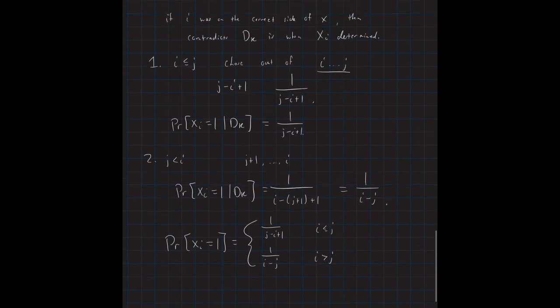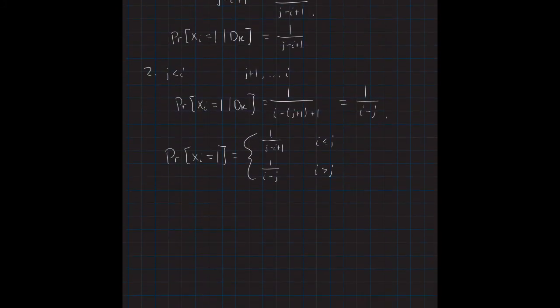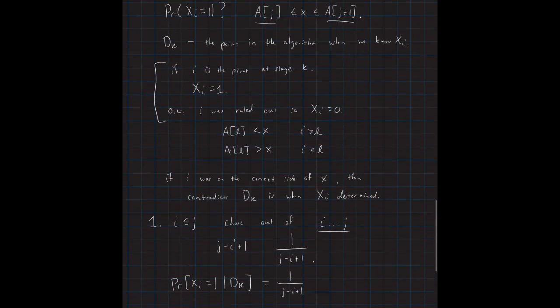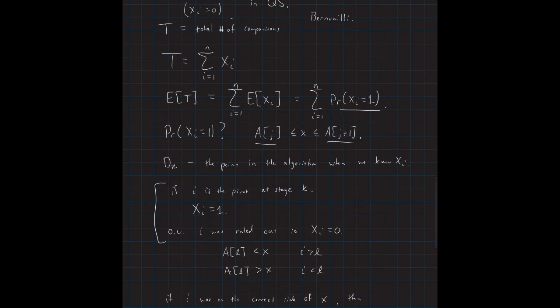Alright, so now we want to plug this definition into our expectation for t. So if we do that, again recall that the expectation is equal to the sum of the probabilities, and so we'll get exactly the sum of all I from 1 to j of 1 over j minus I plus 1, plus the sum of all I from j plus 1 to n of 1 over I minus j.